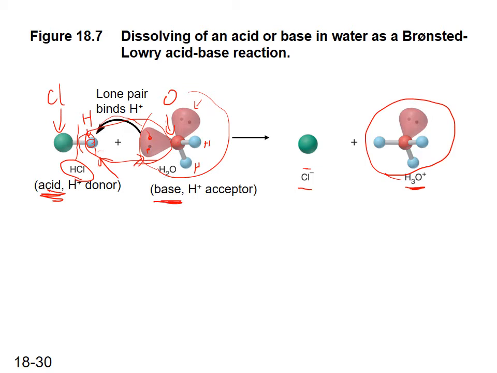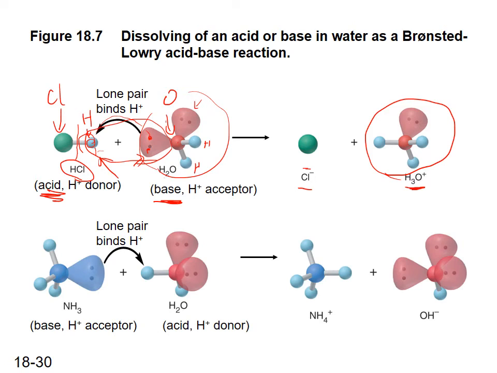Let's look at another reaction. Dissolve ammonia in water. Now the oxygen in water has two lone pair electrons, but the nitrogen also has a lone pair electron, and the lone pair electron of ammonia has a higher power to react than the lone pair electron of oxygen.